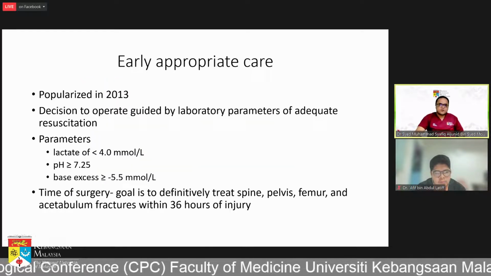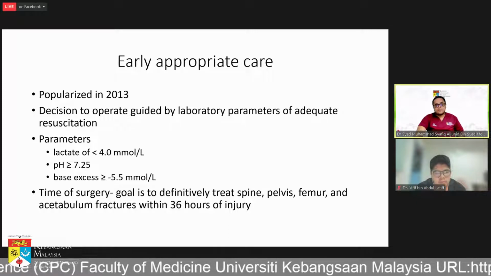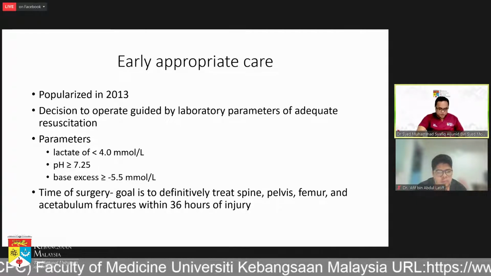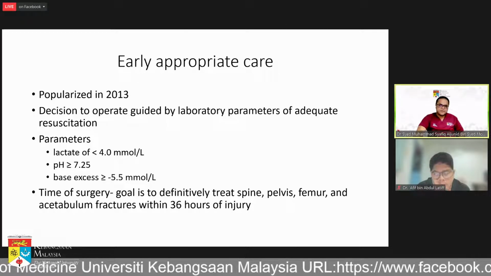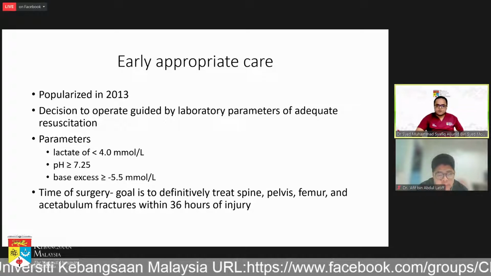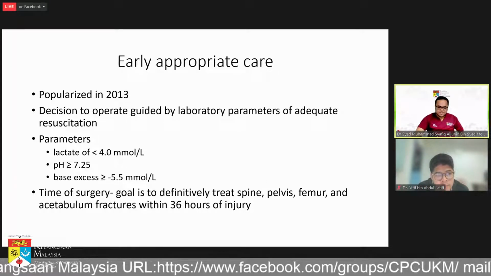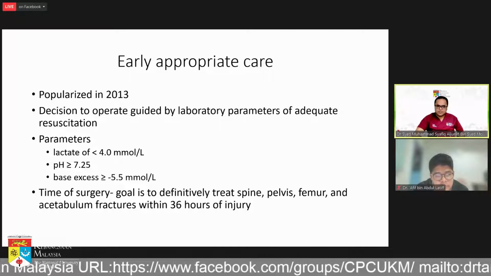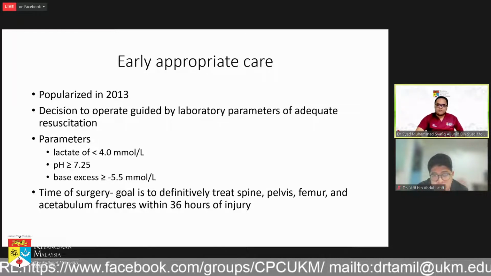Okay, and then in 2013, they refined this concept, because they still think that not all patients need to undergo this route of DCO. Because of our adequate and very good resuscitation guidelines, which have improved over time, the decision to operate is guided by laboratory parameters.